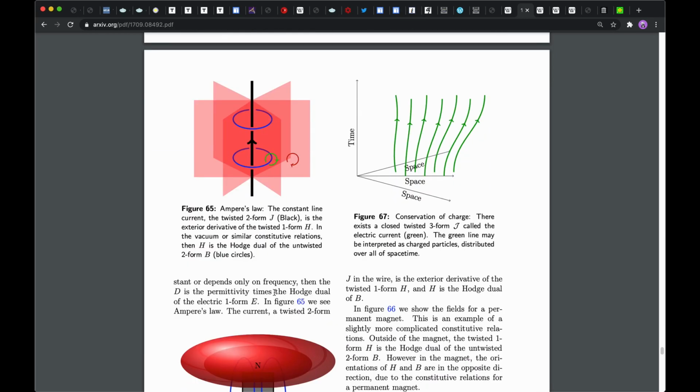It's shown in figure 65 here. It's Ampere's law, and we see that the constant line current is just the twisted two-form J, which is depicted in black in the picture.